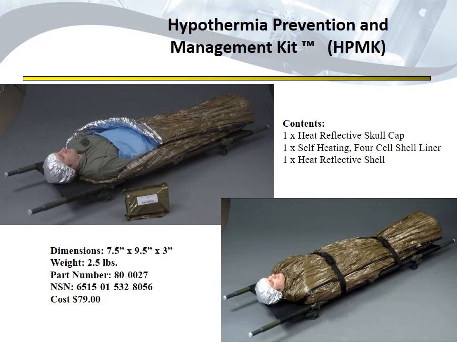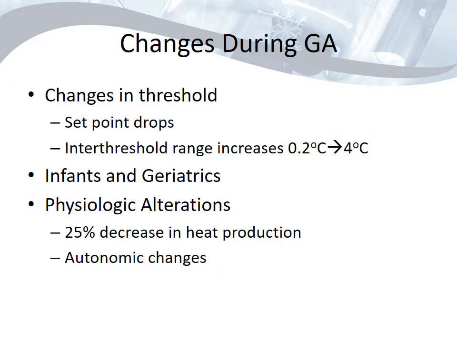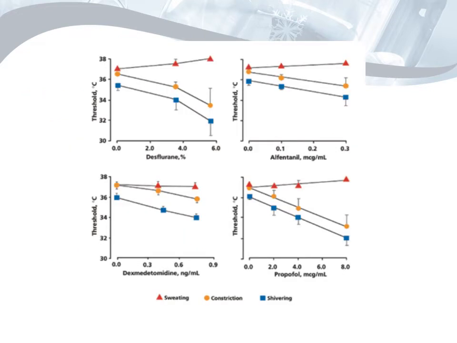There are a couple things to really notice here. One is all of them have some dose-dependent effect on the ability, especially to vasoconstrict and shiver. The higher the dose, the more impaired, or the colder, that's the better way to say it, the colder you have to be for the body to kick in with those actions.